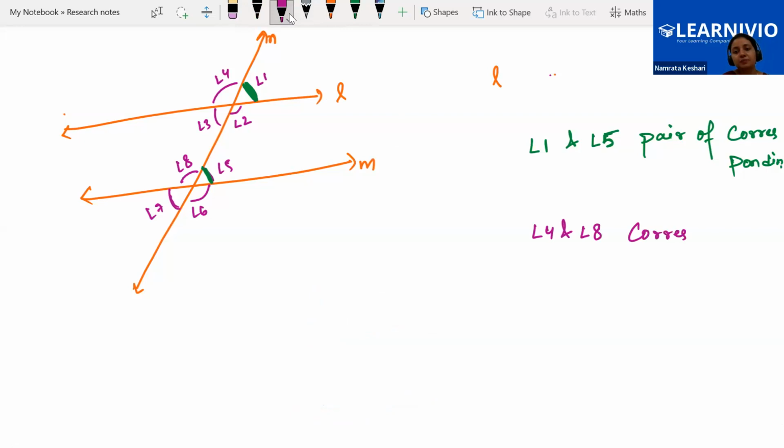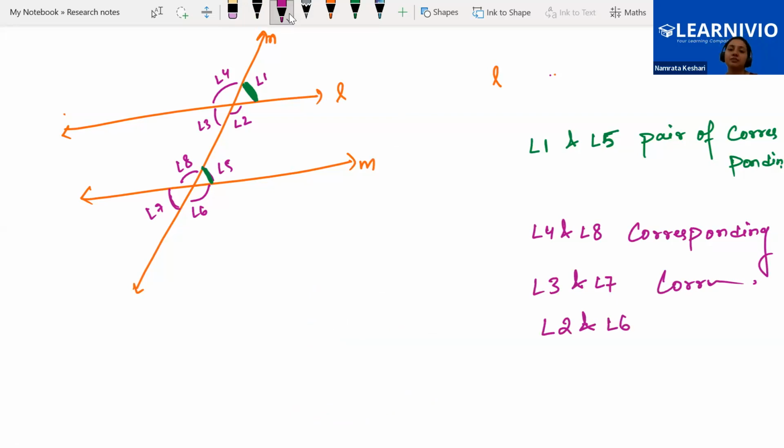Angle 3 and 7 and angle 2 and 6. Exactly. All the same place angles on the same side we have taken, and we are calling these pairs of corresponding angles.